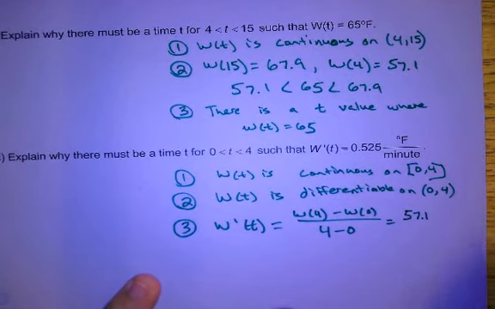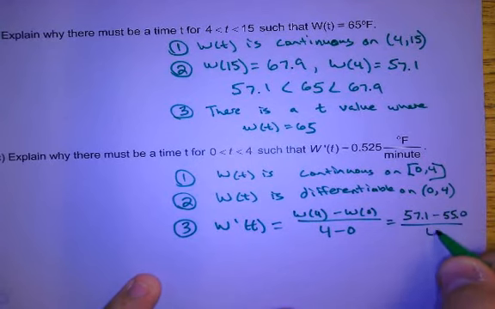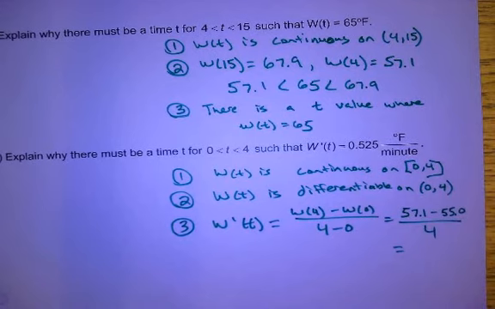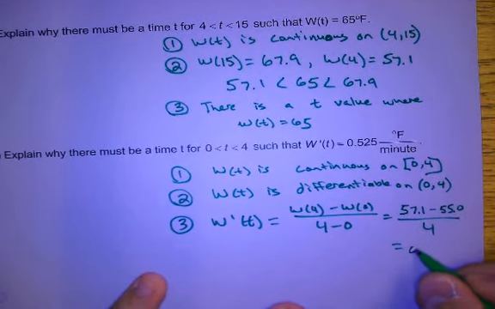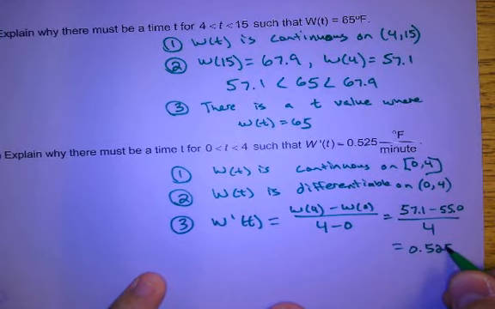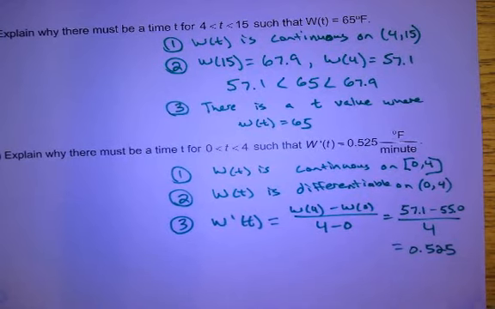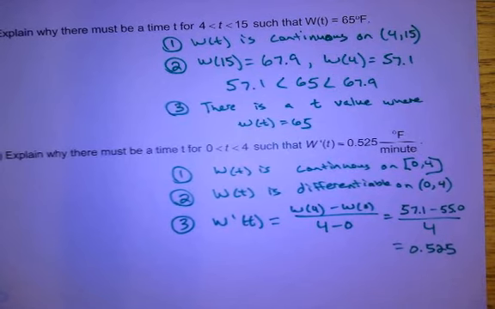It's on the table. 57.1 minus 55.0 all over 4, which equals 0.525. And that's it. Again, if I don't need to find the time t, there's not a lot of work. If I need to find the time t, I've got a little bit of work to do.